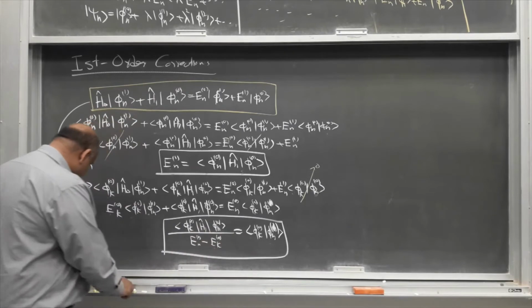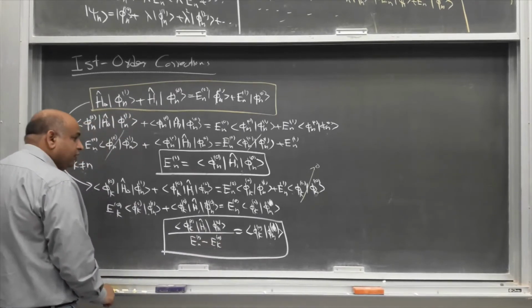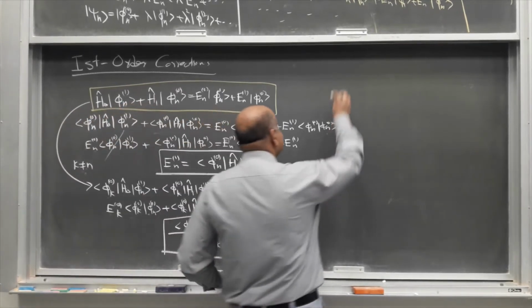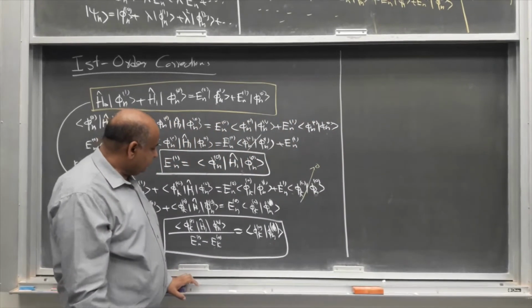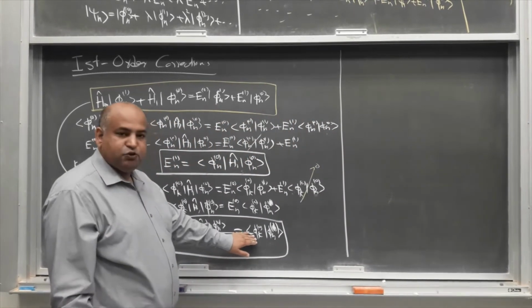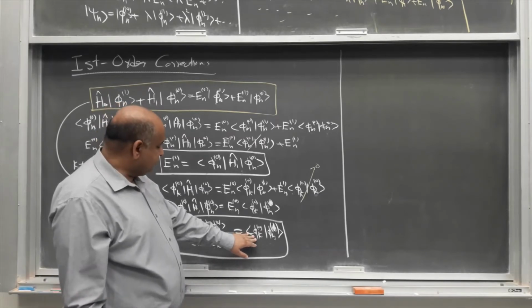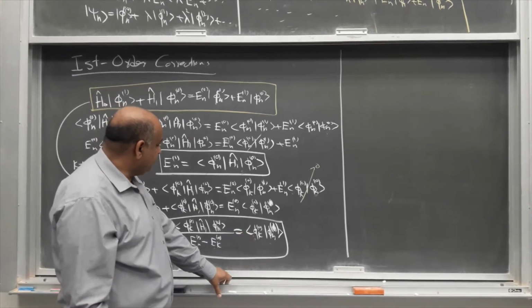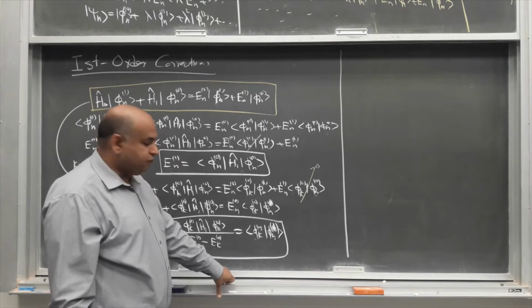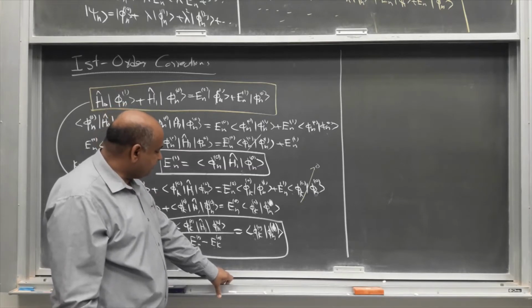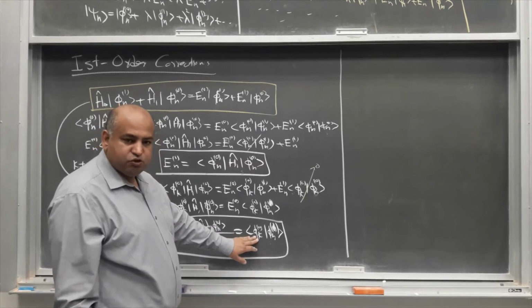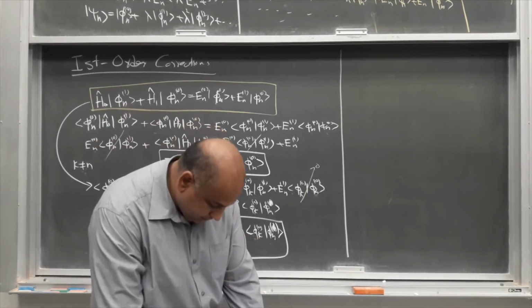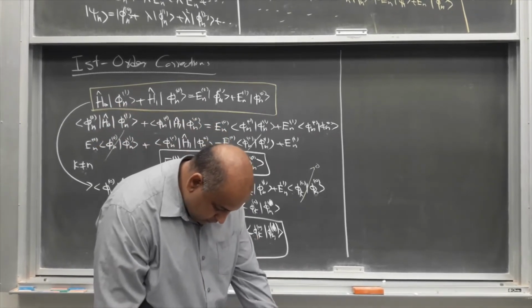Because we need this projection, to write any state we can use these phi k0 as a basis, because this is an orthonormal set of a Hermitian operator. So we can represent any other state as a superposition of these phi k0 states.